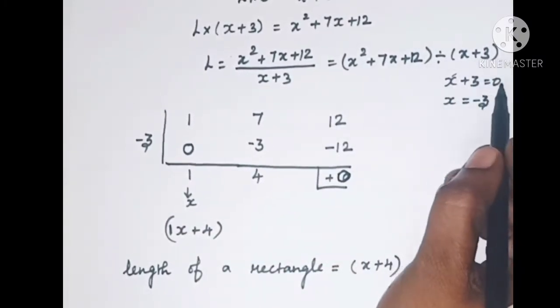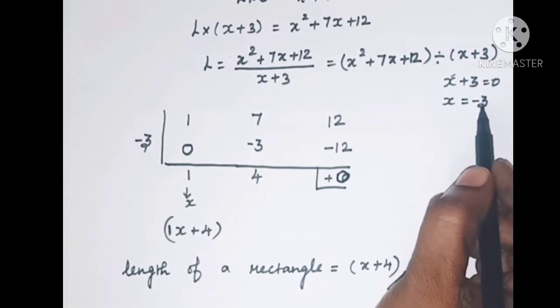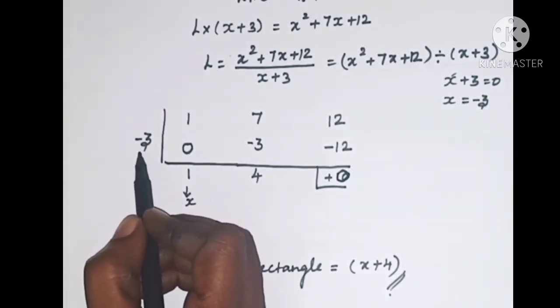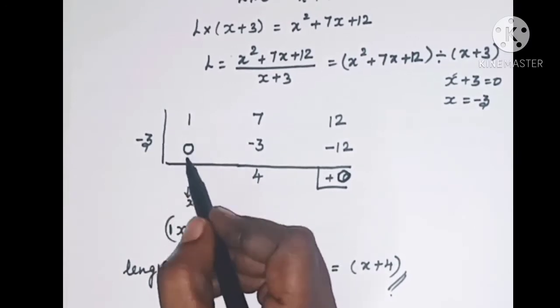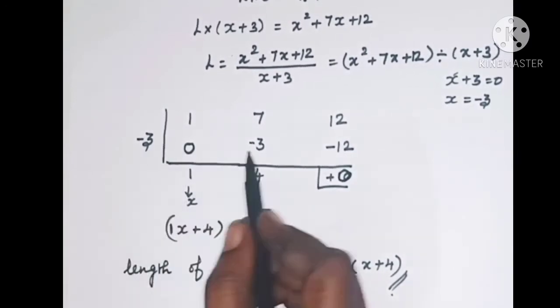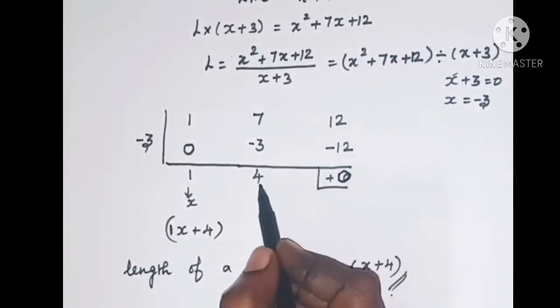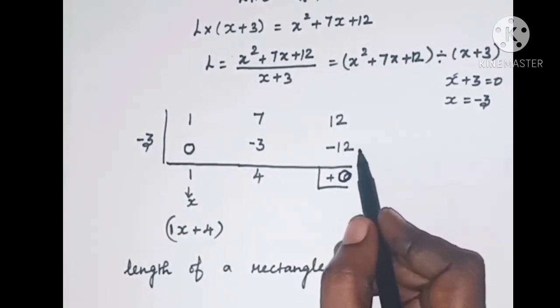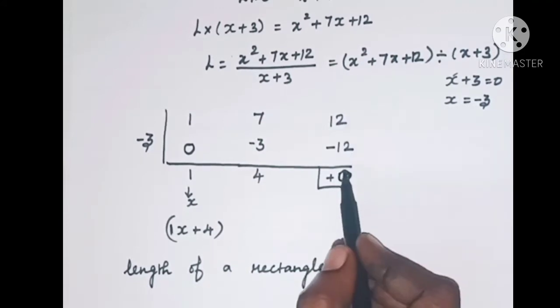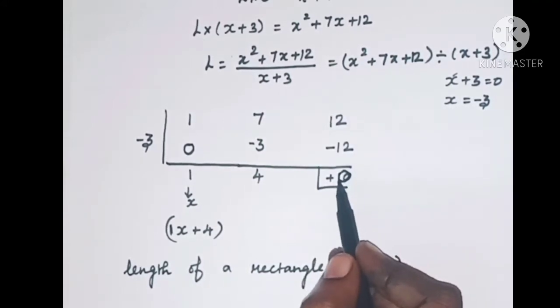Here x plus 3 is equal to 0 becomes x is equal to minus 3. So write minus 3 in that place. Write 0 here. 1 plus 0 is 1. 1 3s are 3. 7 minus 3 is 4. 4 into minus 3 becomes minus 12. Adding these two numbers we get 0.